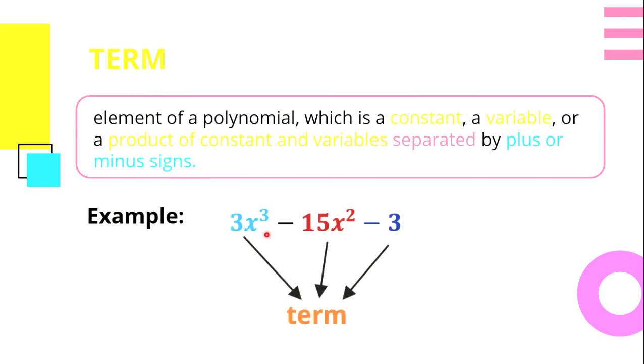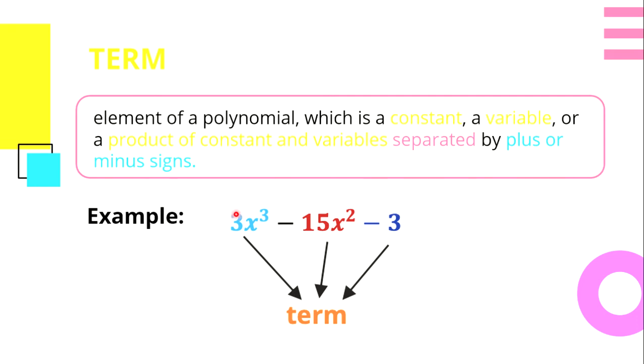Example, we have here 3x cubed minus 15x squared minus 3. Our first term is a product of a constant and a variable. The second term is 15x squared, same, a product of the two. And the last term is a constant, meaning each of these are called terms.